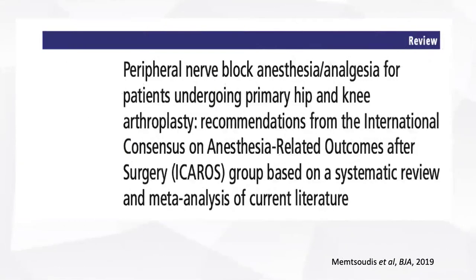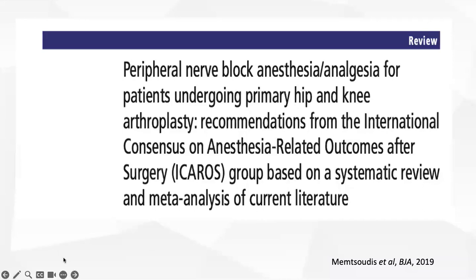So over the years, several articles on the benefits of peripheral nerve blocks have mushroomed. And one interesting article is the one in front of you by Mensudis et al., published in the BJA in 2019. The authors of this article stated that the use of peripheral nerve blocks reduced common post-operative complications.